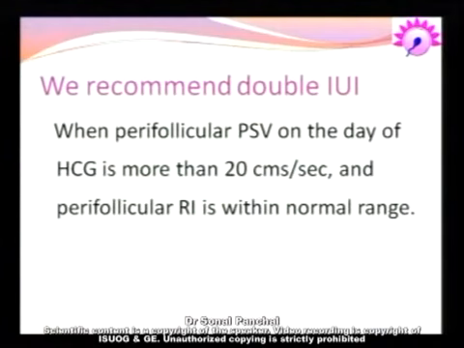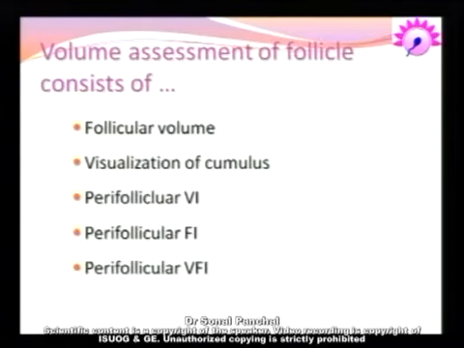This means that the earlier IUI has definitely helped us to give pregnancy in these patients. Therefore, whenever the PSV is more than 20, when you are doing your pre-HCG scan, with a normal RI, we would recommend that you do an IUI earlier rather than the scheduled time.